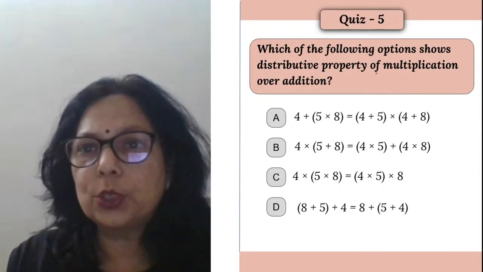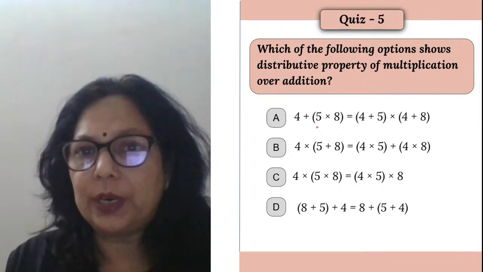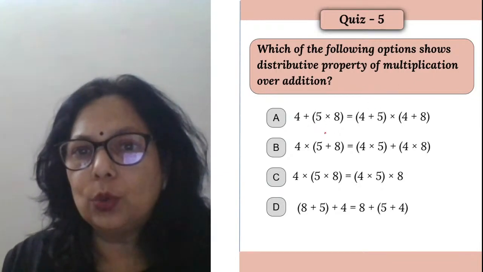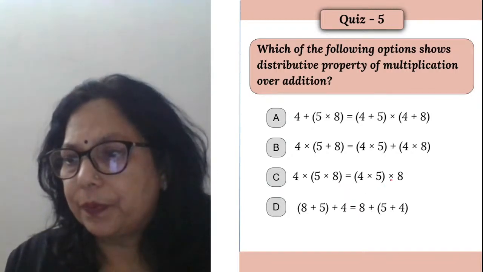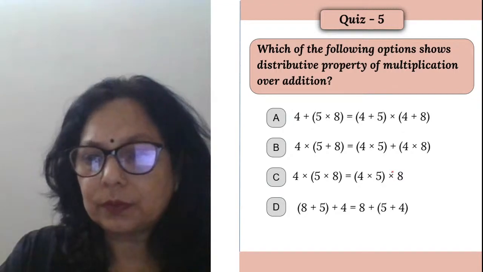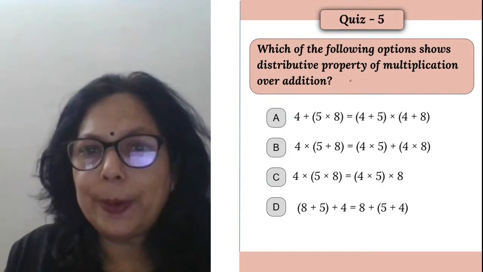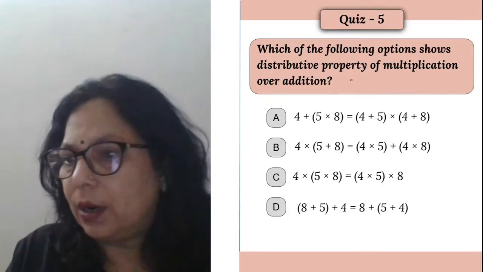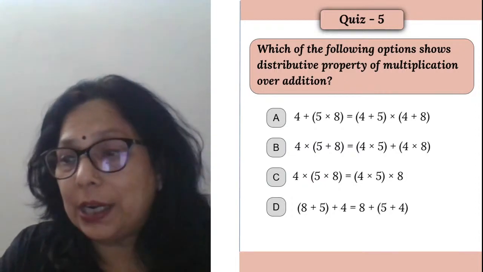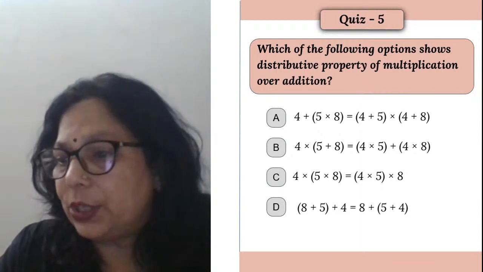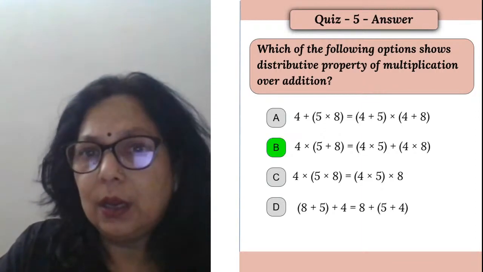Which of the following options shows the distributive property of multiplication over addition? Come on. Multiplication over addition, distributive property.